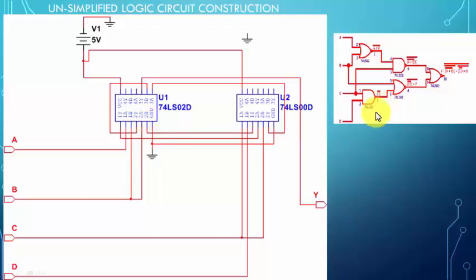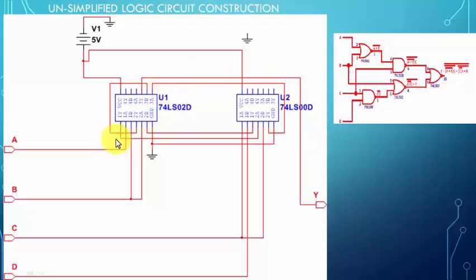And for example, over here you can see pin 6 of 7400. Let's find 1, 2, 3, 4, 5, 6. This one is pin 6. Connect to where? Connect to pin 8 of 02.